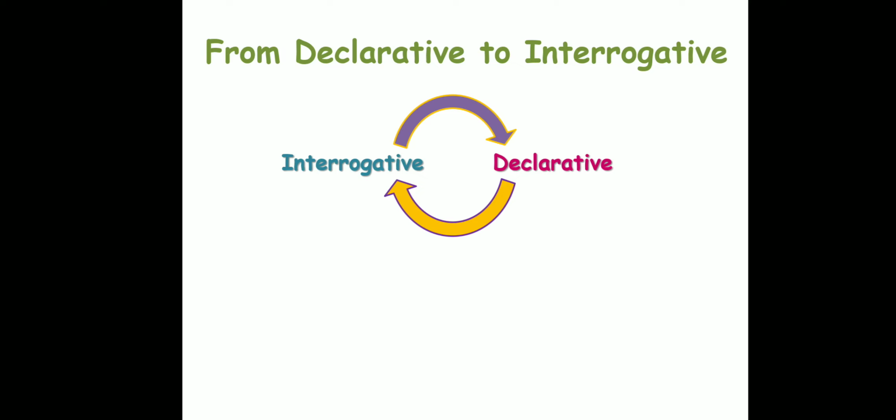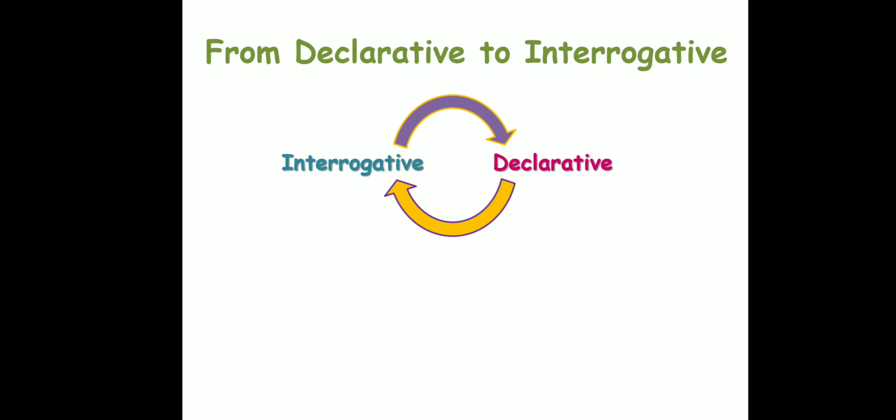Yes, so interrogative sentences ask questions. Whenever you ask a question, say with what, how, when, where, those sentences are called interrogative sentences. And because you're asking a question, these sentences will always end with a question mark.